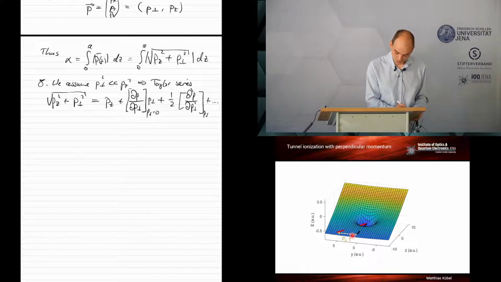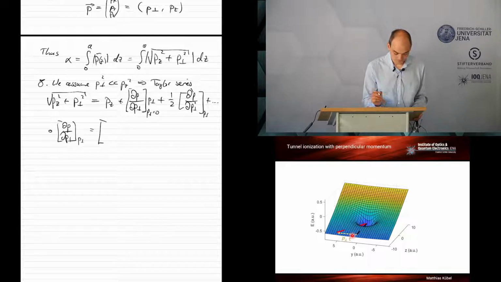Okay, so first let's calculate the first derivative, dp over dp perpendicular. We have the square root here, which is to the power of a half, so it becomes minus a half, and this goes in the denominator.